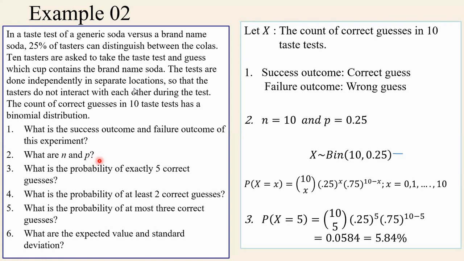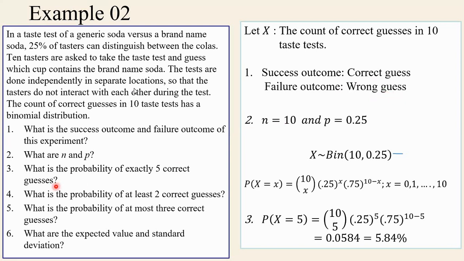Whatever problem you are having, first you have to identify the random variable and define it using the capital letter X or Y. Usually we take X or Y. That is the first step you have to do, then you start to write the answers.